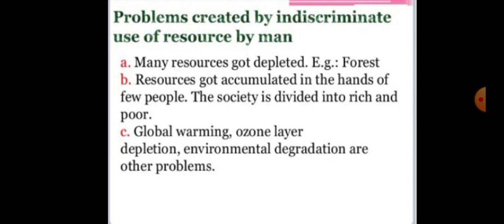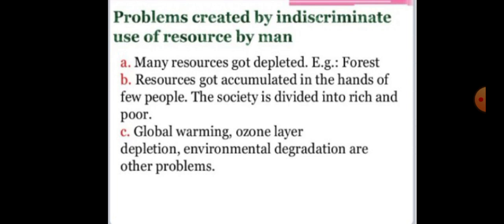The National Forest Policy 1950 says that 33% of the land should be kept under forest cover. But it is very sad to know that less than 20.7% is forest area in India. So that's very less.